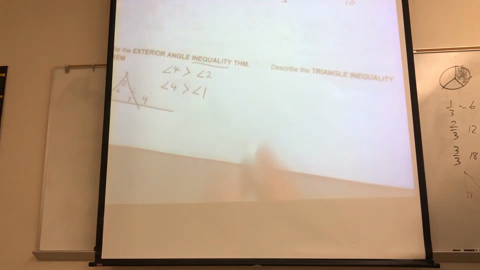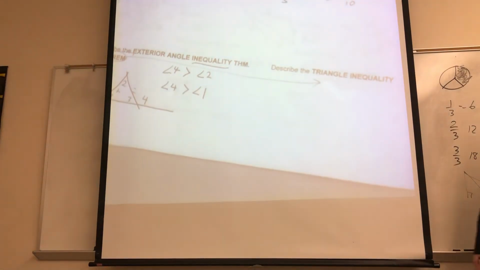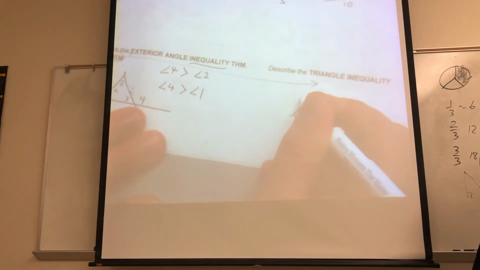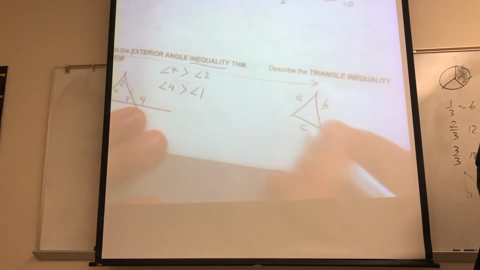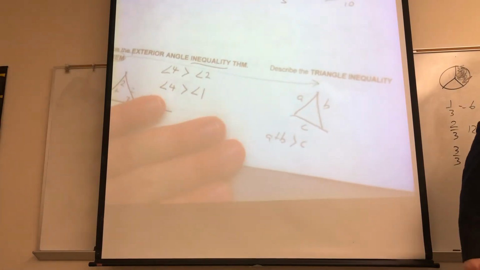The triangle inequality theorem, again, this word theorem should be kind of over on this side. The triangle inequality theorem is if you have a triangle like this, and we have side A, side B, and side C, A plus B has to be bigger than C. Okay?